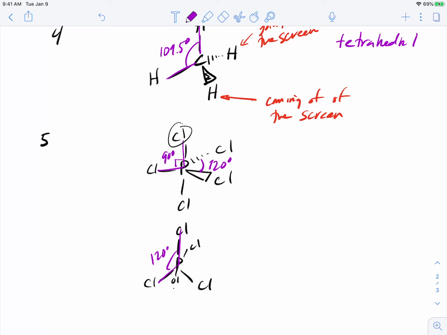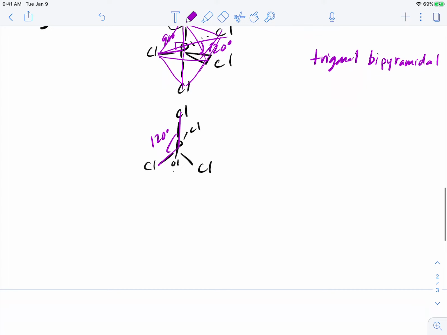And so the name of this is trigonal, and because we make 2 pyramids, we have 1 pyramid there and then 1 down below, which is a little harder to see, this is bipyramidal. Okay, and then the last one we can do for no lone pairs on the central atom is 6, and so we have SF6. We can do that.